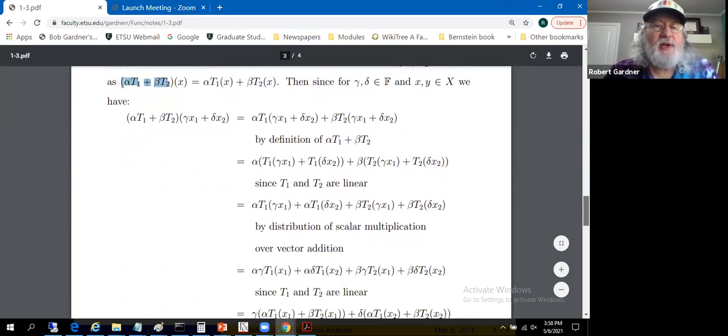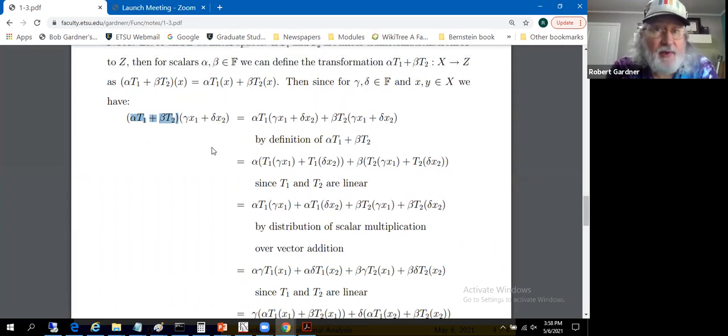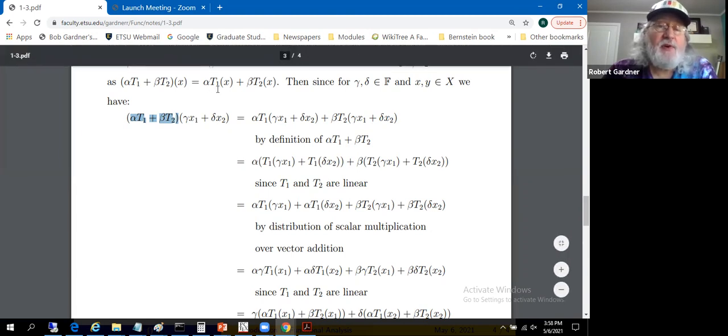So we'll apply that transformation, alpha T1 plus beta T2, apply it to the linear combination of vectors, gamma x1 plus delta x2. Okay, that's a linear combination of vectors in linear space capital X, the domain. Definition says what we'll get is alpha times the first linear transformation applied to the vector.